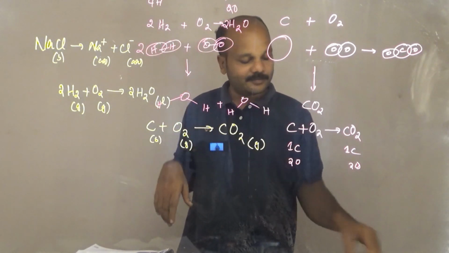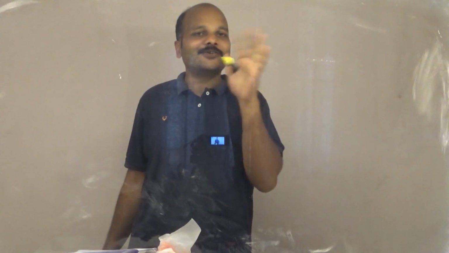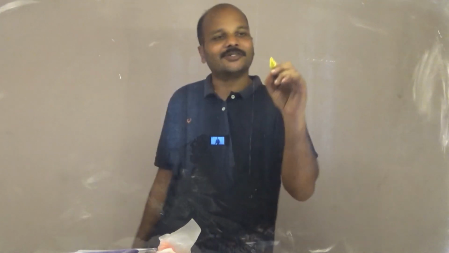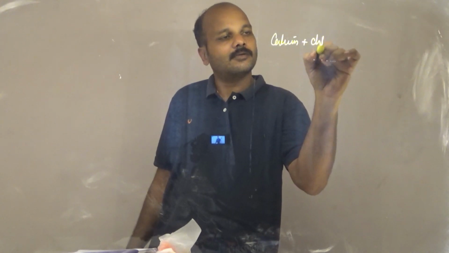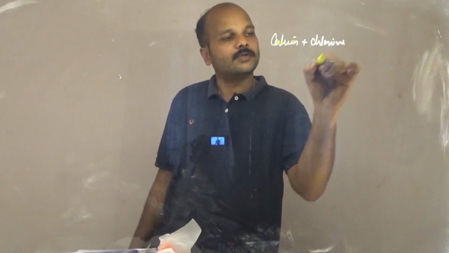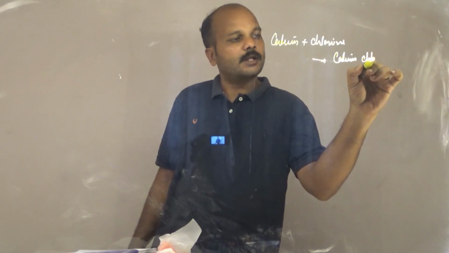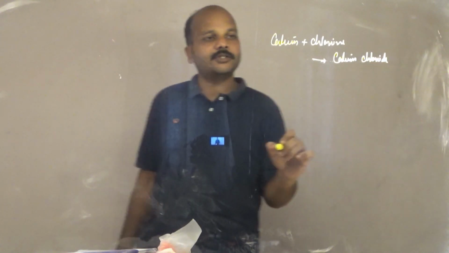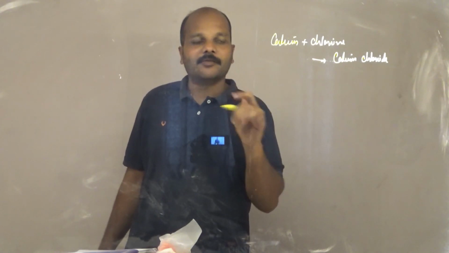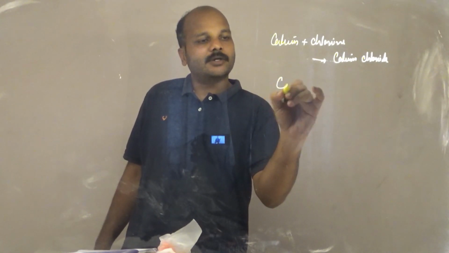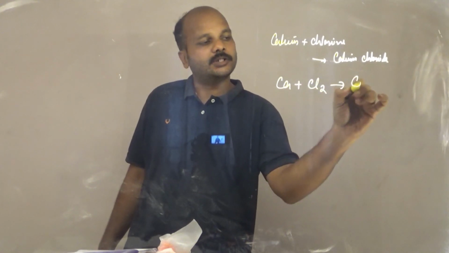How can we write the equations? When you are trying to write an equation, try to write it in words first. For example, calcium plus chlorine gives calcium chloride. First you write using the words. Next, you write Ca plus Cl2 gives CaCl2.